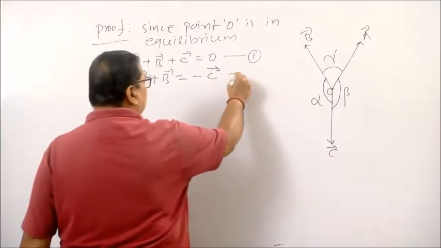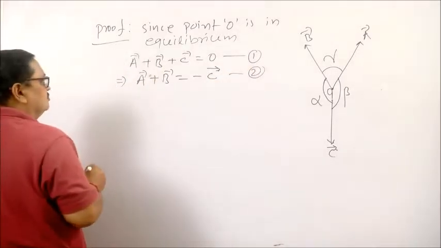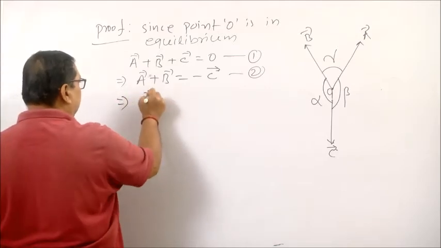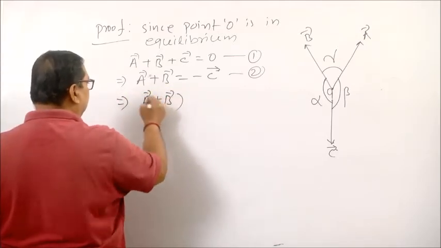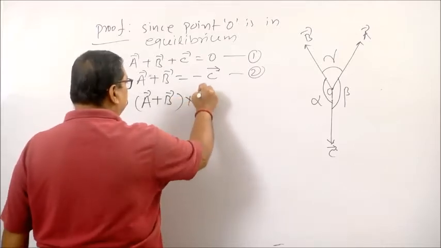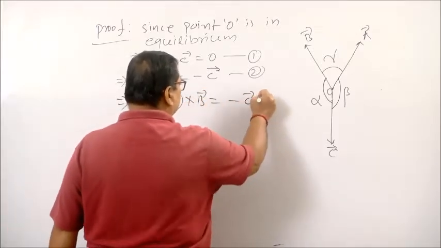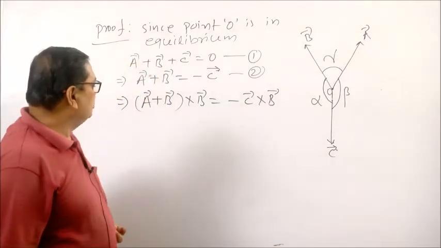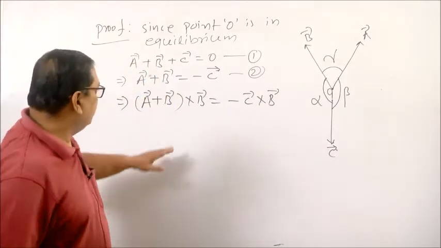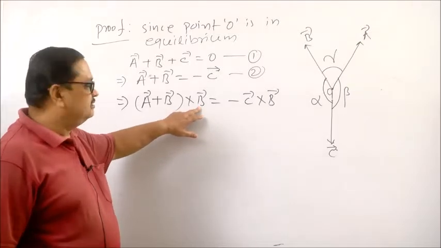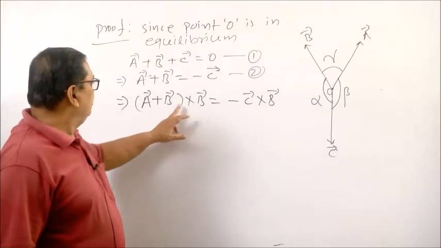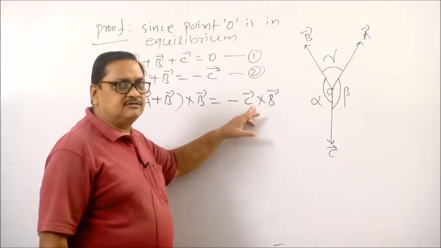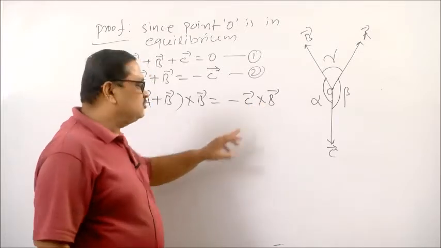So now multiply equation 2 by vector B on both sides. A plus B cross B equals minus C cross B. Here you mark that vector B is multiplied at the right of A plus B, and also at the right of the minus C vector, because the cross product is not commutative.